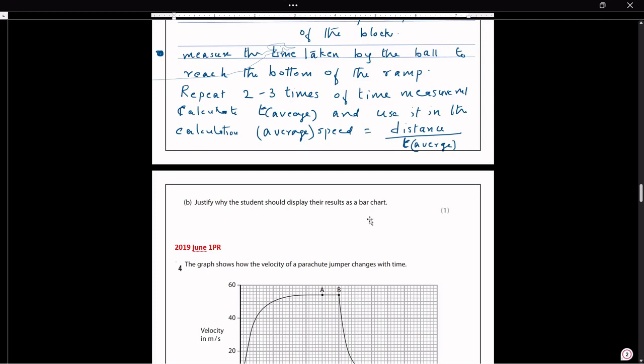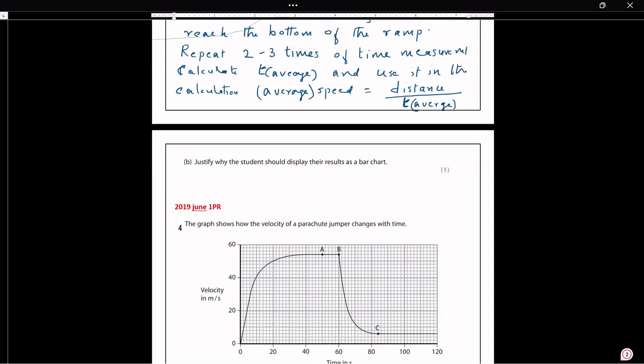So we can say, suggest why the student should display the results as a bar chart, because the surface material used is changing. They are changing the surface material used.